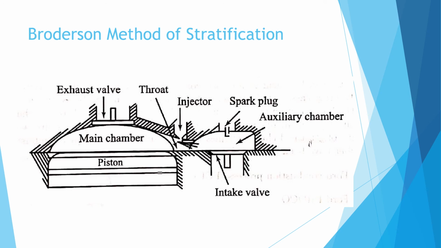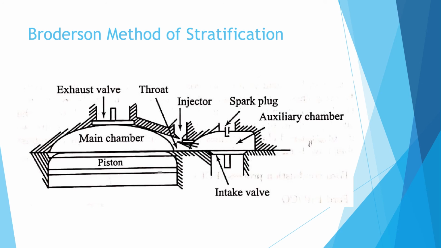The Broderson method possesses the advantage of altogether avoiding the pumping loss due to the throttling. In addition, a higher part load efficiency due to the lean mixture and knockless operation at full load are achieved. This method also gives lower exhaust temperature compared to the conventional gasoline engine.